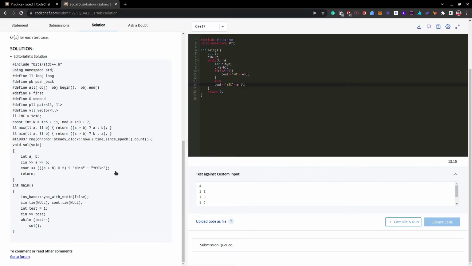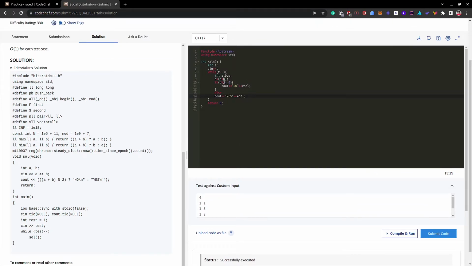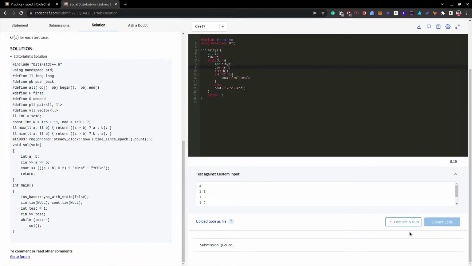They are taking input for A and B. Okay, the problem is I didn't give the input yet. Now you can see it. That's why I'm doing not equals to 0 and all for this thing.